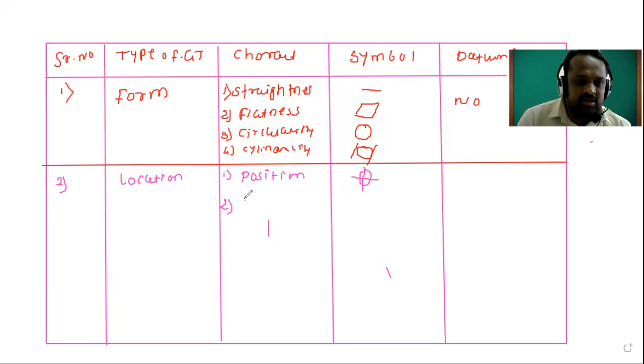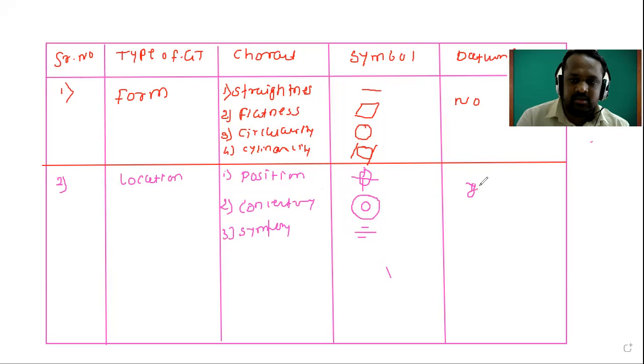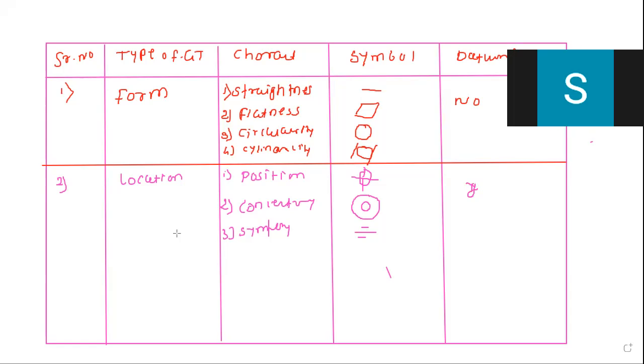Next is concentricity, and the symbol for concentricity is like this. And third is symmetry like this. Here datum is required. Yes, required.